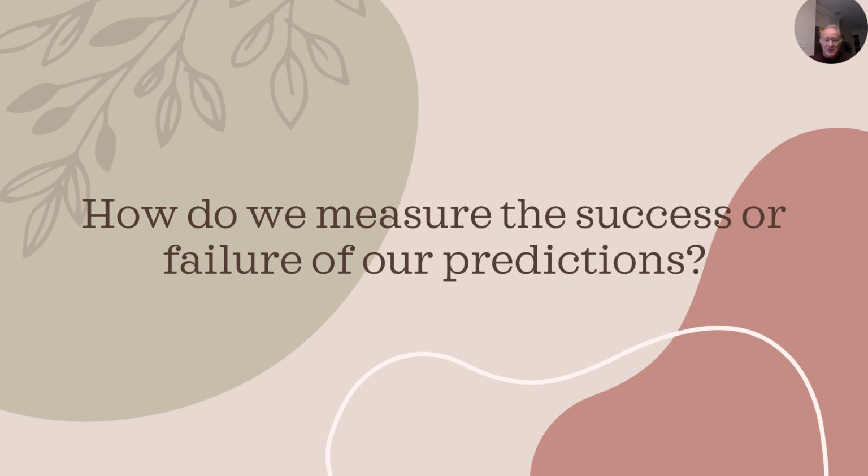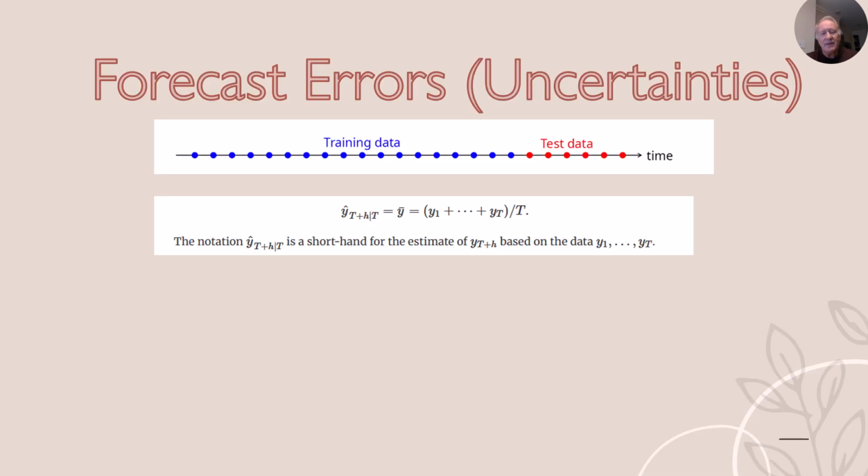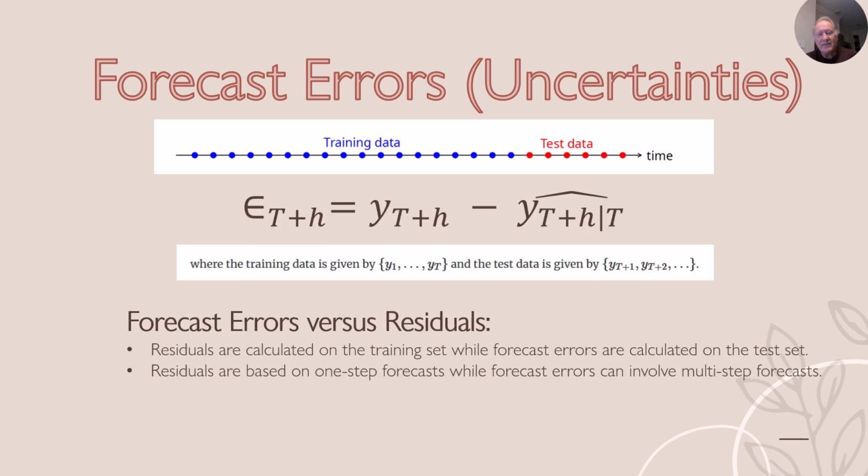So how do we measure the success or failure of our predictions? Well, one way is that we'll look for the forecast uncertainties. So where the training data is given by y of t, we have our error will be equal to the actual data minus our predicted data.